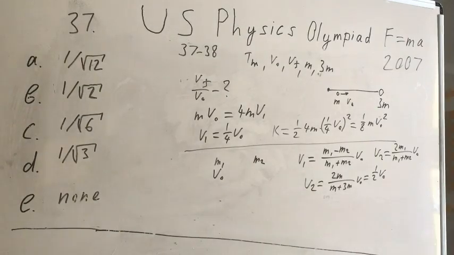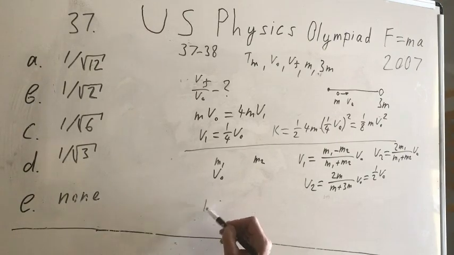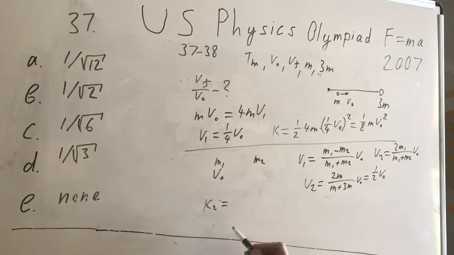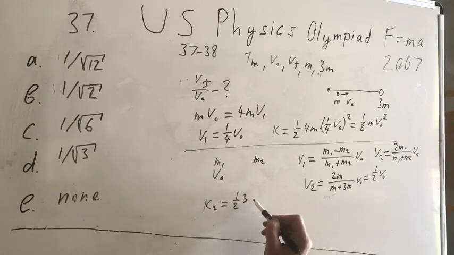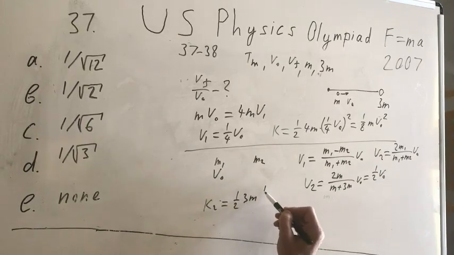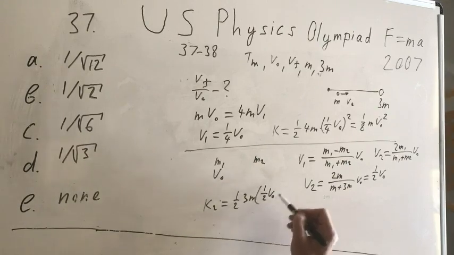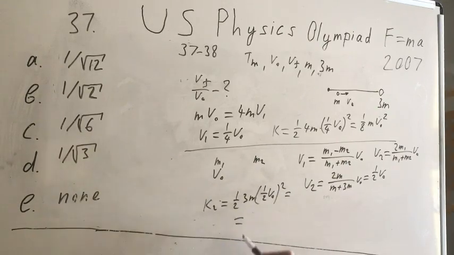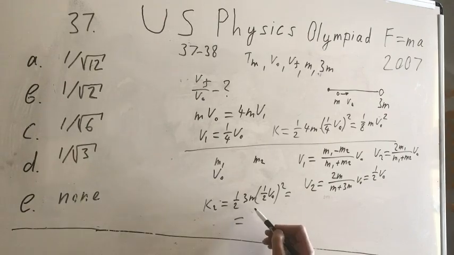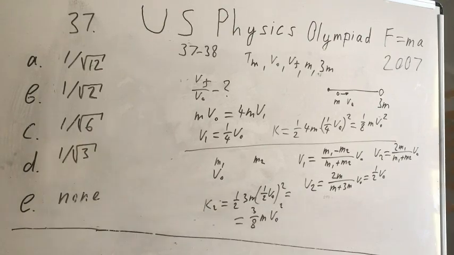That's the speed of our second mass. And we can count what is total kinetic energy of this mass. K2 equals 1/2 times 3m times (1/2 v0) square, which is, what is it, 3 over 8 m v0 square. Okay, that's the kinetic energy right after collision.